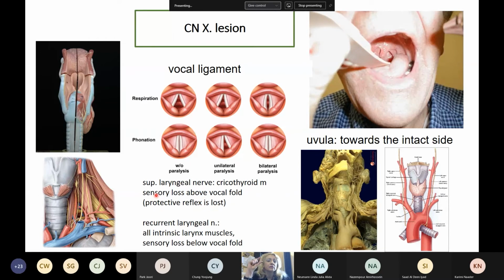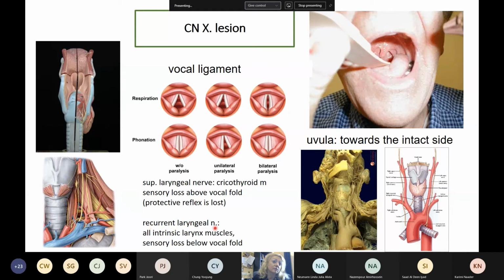The upper part of the larynx receives, if fluid goes the wrong way, or any particle, any foreign body, then you immediately start coughing and you try to get rid of it, because the upper part of the larynx senses it immediately. And this protective reflex can be lost, so it's easier to get aspiration, to get foreign bodies into the deeper part of the larynx and then into the trachea.